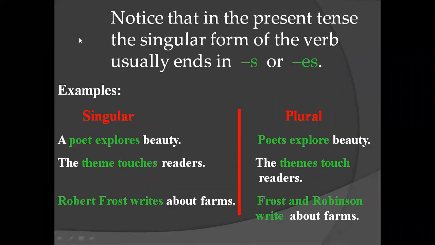Let's pay attention to the sentence endings. In the present tense, the singular form of the verb usually ends in s or es. For instance, in singular, a poet explores beauty. Here you can see a poet, that is singular, and explores, with es.